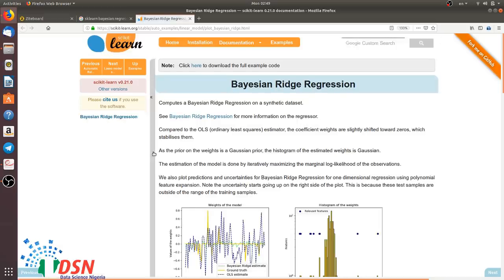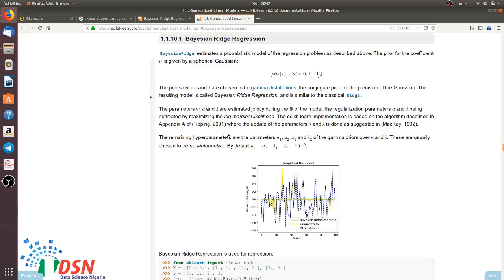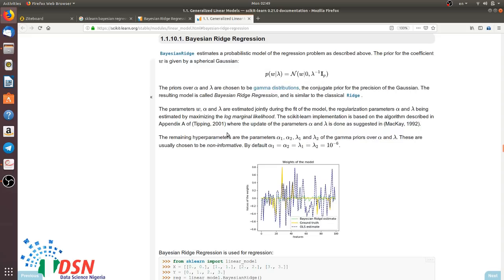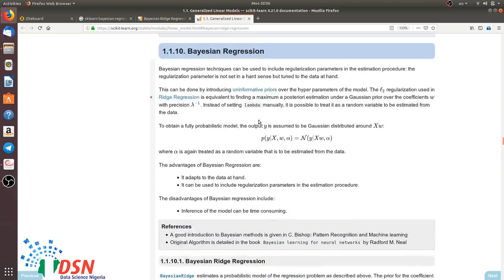So you should take a look at the Bayesian regression theory very briefly. You could see that it considers a Gaussian distribution prior on the output.